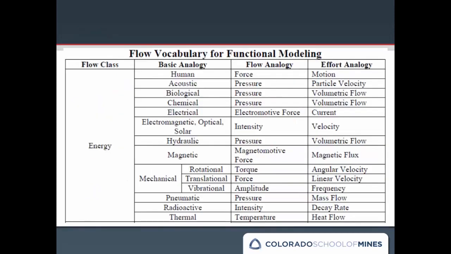If I look at the flow vocabulary for functional modeling, it works pretty much the same way. We have energy flows, some basic analogies for different types of flows, a specific flow analogy, and then also an effort analogy.